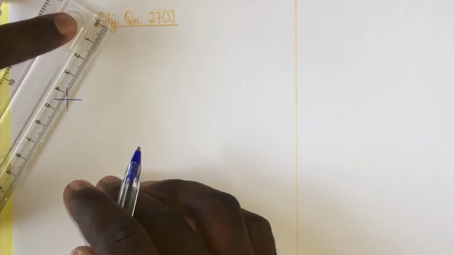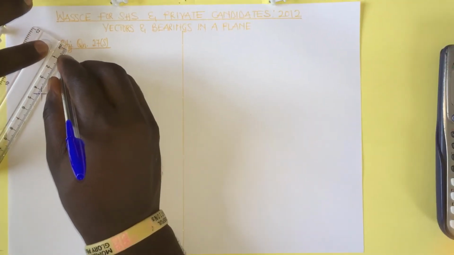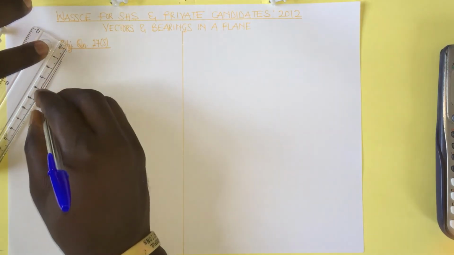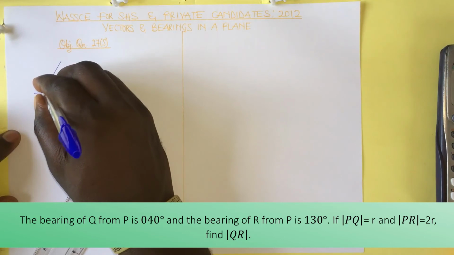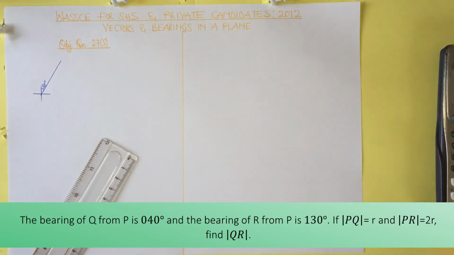So 30 will be somewhere around this place, and it continues, and the bearing of R from P.